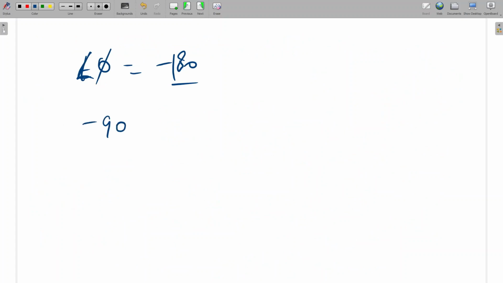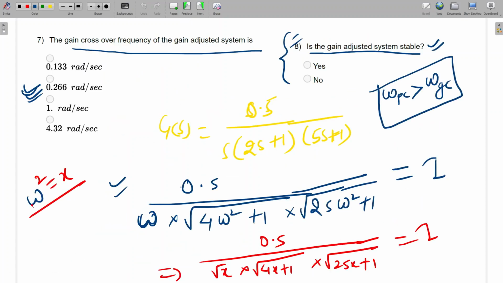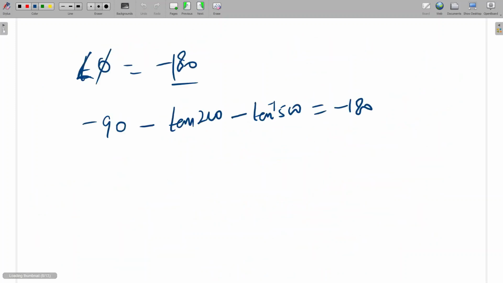Minus 90 minus tan inverse 2 omega minus tan inverse 5 omega is equal to minus 180 degree. Is this correct? So tan inverse 2 omega plus tan inverse 5 omega equals 90 degree.